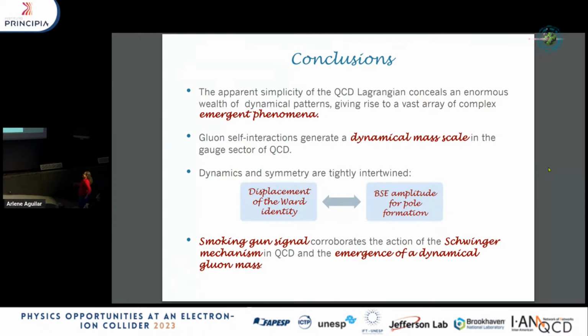The displacement of the Ward identity is completely related with the Bethe-Salpeter amplitude, that is the C that I was talking about, and then you have a signal from the lattice that corroborates the action of the Schwinger mechanism in the emergence of the gluon mass in QCD. So that is it.